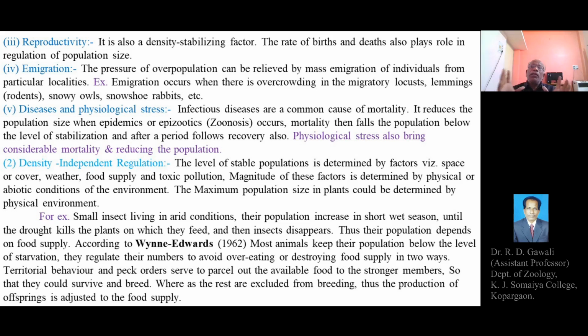This may be for the preservation or conservation of the species, or the propagation of the species with protection and proper feeding of the limited number of organisms, so as to sustain the species, so as to propagate the species, so as to save the species, called territorial behavior and the peck orders.